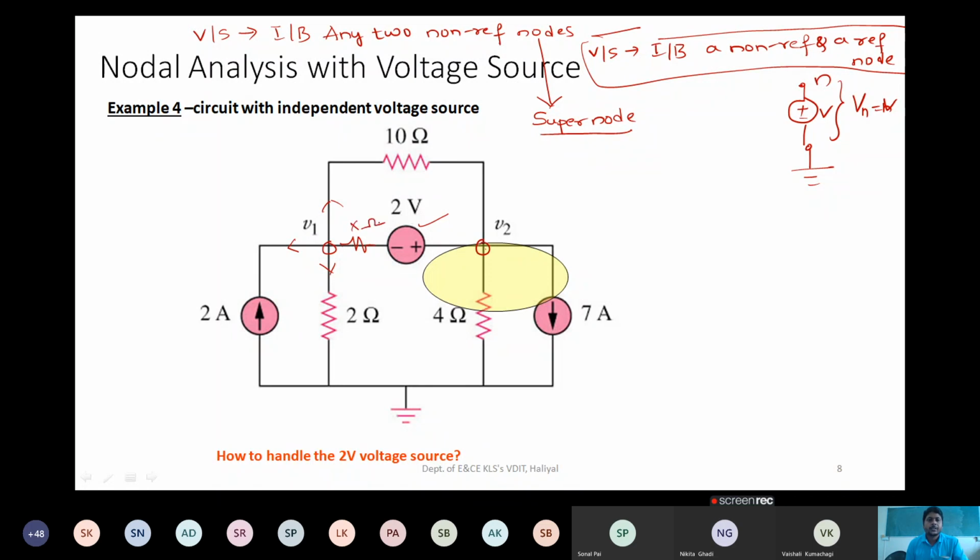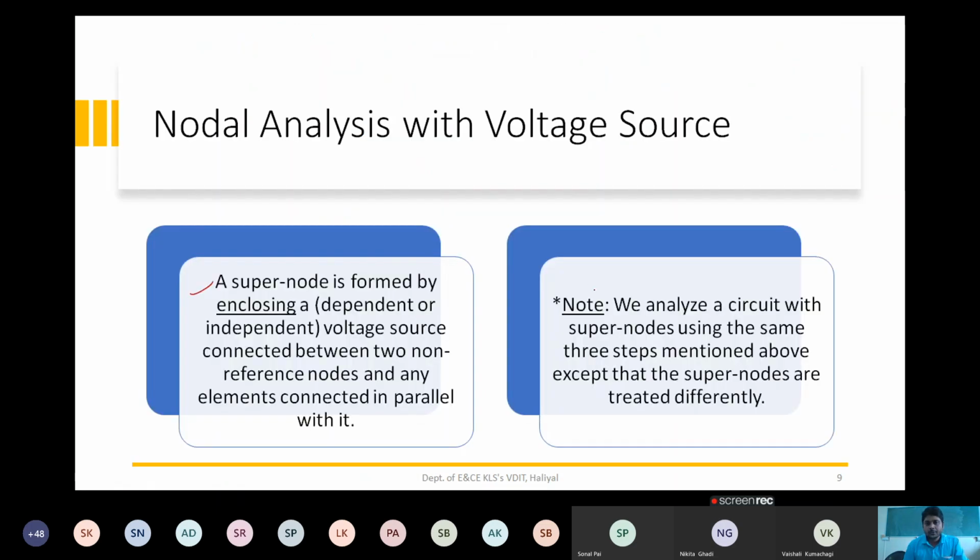If I have some X ohms here, then we cannot say V1 minus V2 equals this voltage, since there is another element. So if a resistor is there, then no need to worry about super node or any other concepts. Here you need to note a very key point.